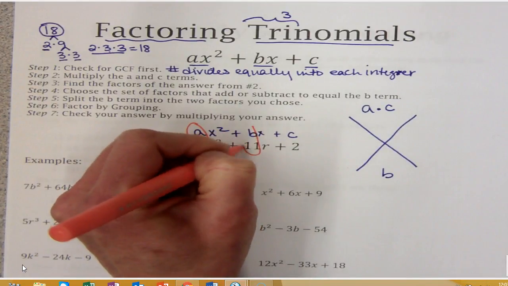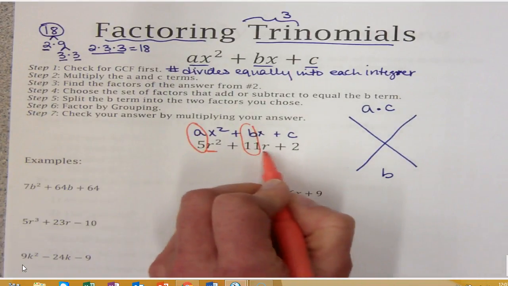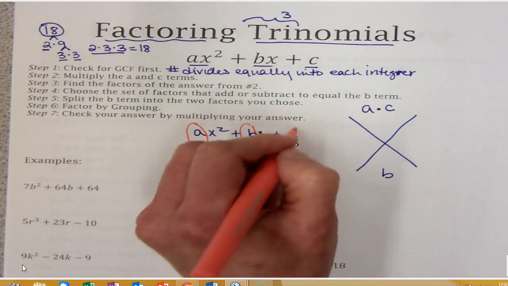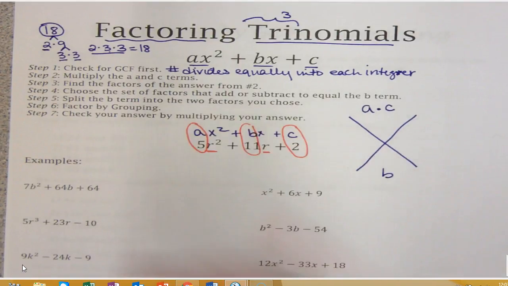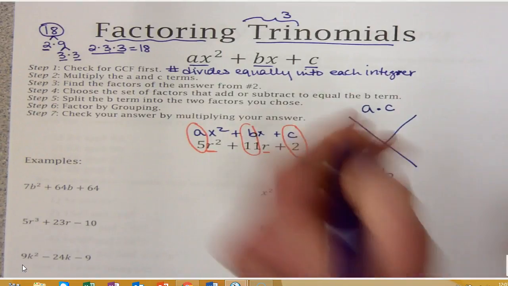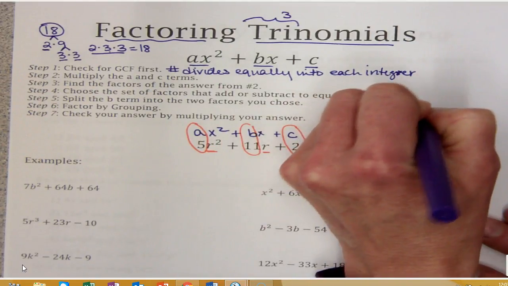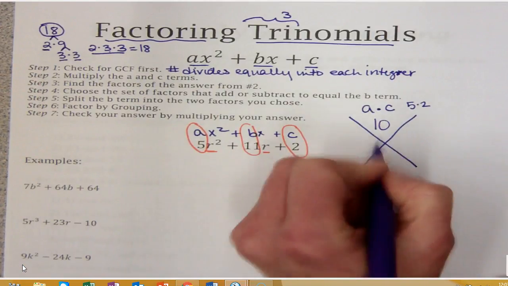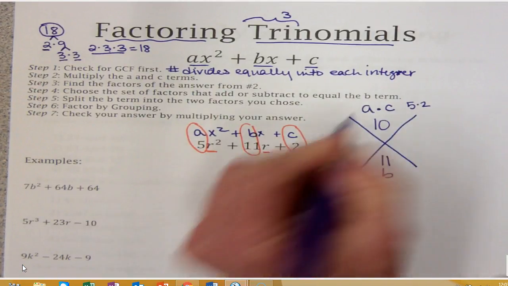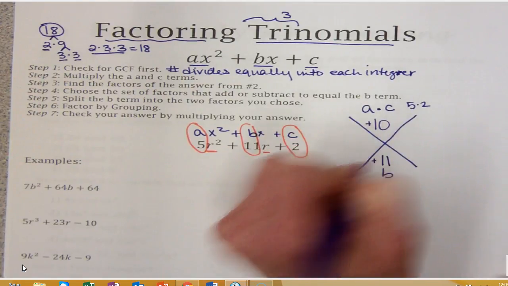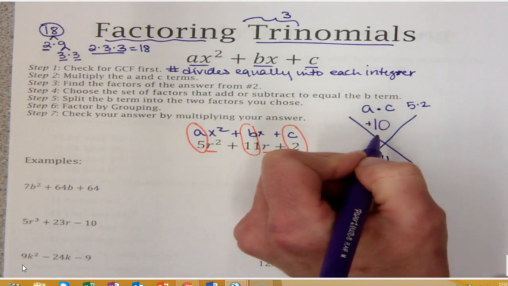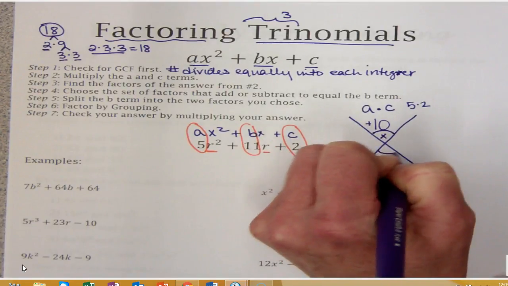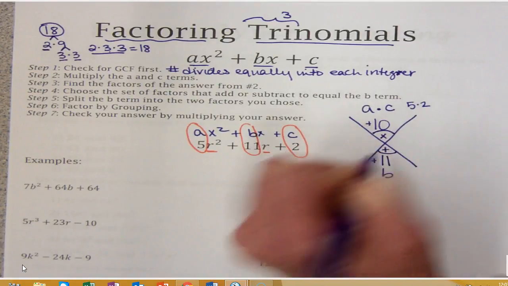My b term is the number in front of the x variable, and my c is my last term. So a times c would be 5 times 2, which equals 10. B would be 11, and all of these are positive. So I'm going to ask, what factors multiply to give me 10 and add to give me 11?